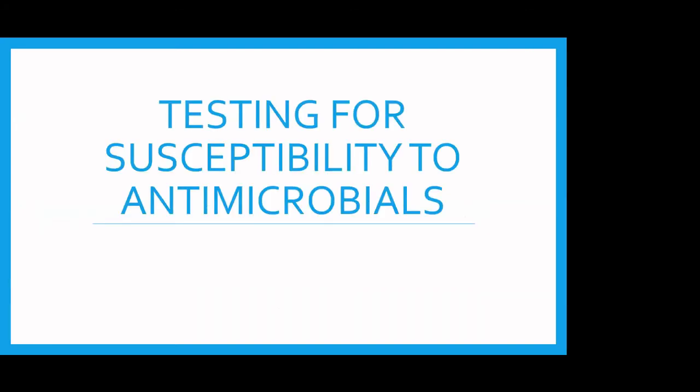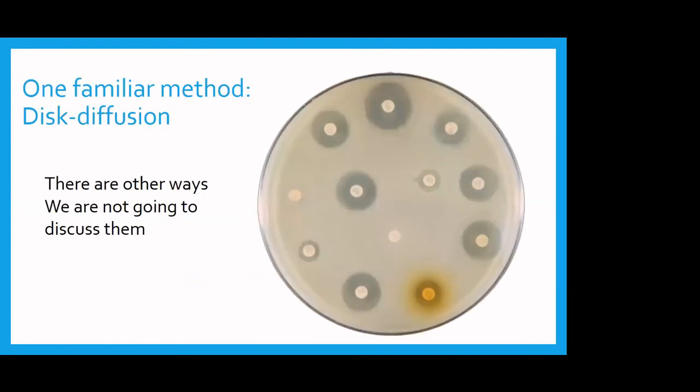All right, so testing for susceptibility to antimicrobials. Essentially, we would do a disc diffusion assay. There are lots of other ways that susceptibility to different antimicrobials can be tested. This is probably the one that we're going to be most familiar with. It may not be the most widely used.